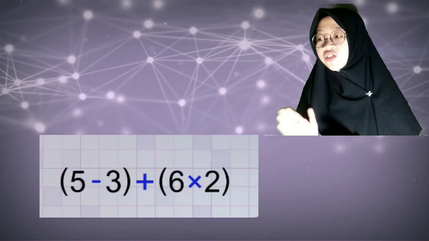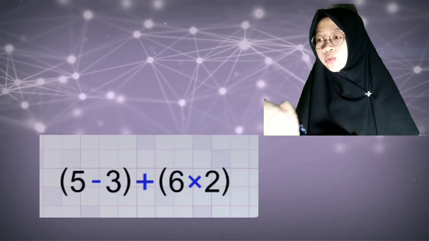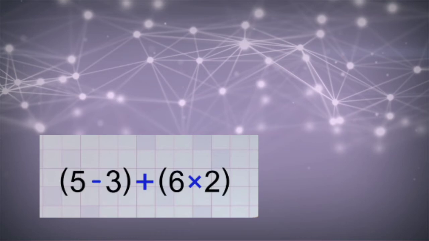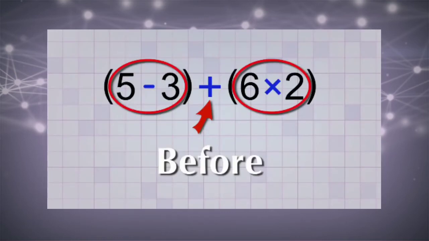But what if you get a problem that has more than one set of parentheses like this? (5 minus 3) plus (6 times 2). Fortunately, it doesn't matter which set of parentheses you do first. You just need to do everything that's inside the parentheses before you do anything that's not inside parentheses.